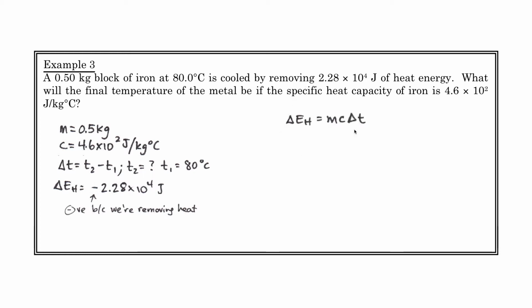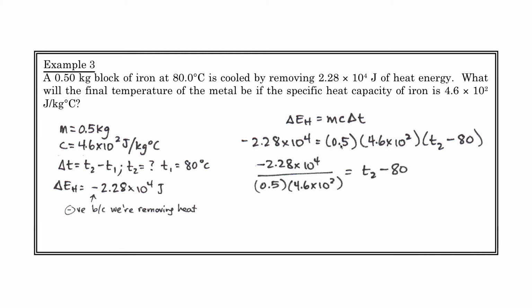And so here's our formula, and we pop everything into place. Now you could just take this as T2 and delta T, and solve for delta T first, and then figure out what T2 is in the end. I'm going to do it all in one step. So instead of writing delta T and solving for that, I'm actually just going to put in brackets T2 minus 80.